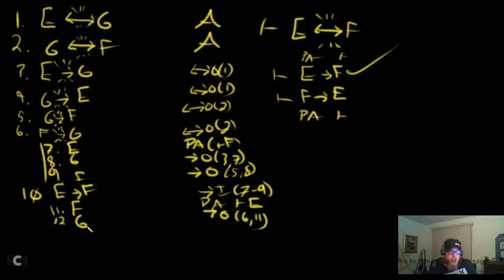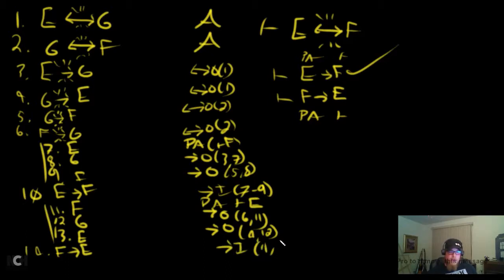With G, we can get F again. We don't need to do that. Let's get E. And so arrow out, we're able to get through 4 and 12, we're able to get E. Okay, there it is. So in line 14, we can say, hey, F arrow E is a thing. That's fine. We can stick an arrow in there. Where did that process start? Line 11. Where do we finish it?